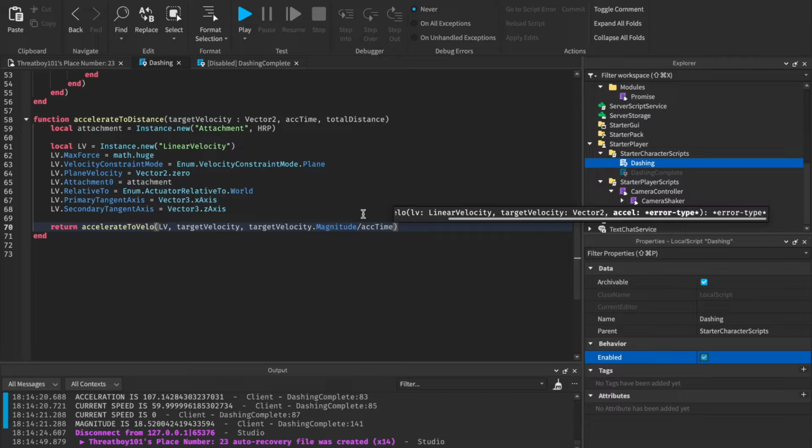So the time we want to take to accelerate from 0 to target velocity, essentially. Target velocity's magnitude would be your speed.